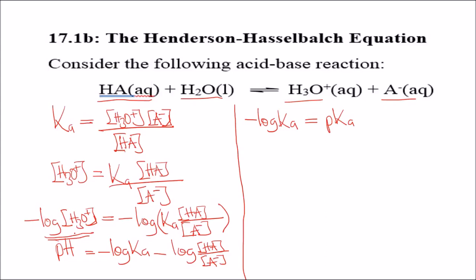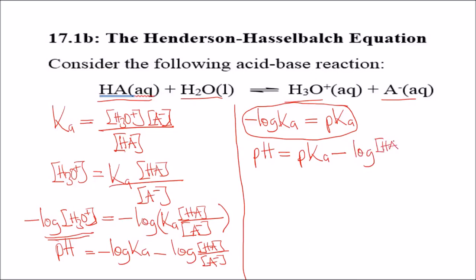So minus log Ka is equal to pKa. So I'll put this one in here. It's very important. So if we go back to this equation, we'll say that pH is equal to pKa, then minus log HA and A minus.